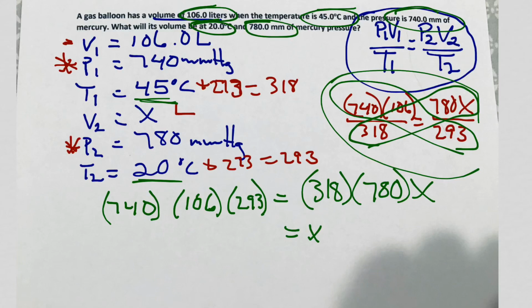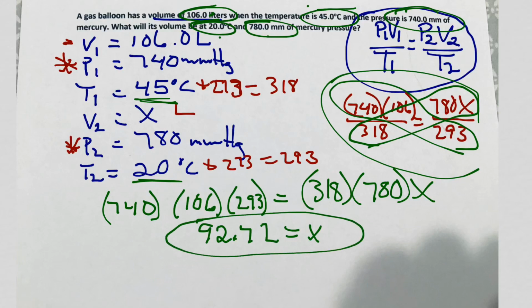So we have 4, 3, 4, 3, 4. So we need 3. So I'm getting 92.7 liters. And that is how you do a combined gas law problem.